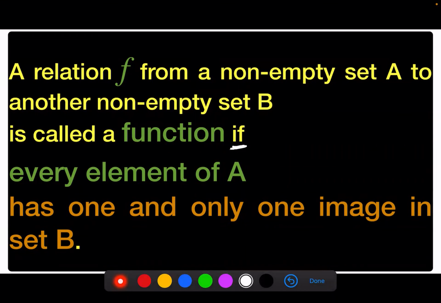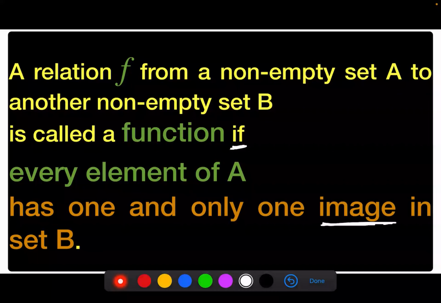Now, ये image means what? Image is like you're just making a connection. Okay, so you're associating an element in A to an element in B. But remember, when I gave examples of relation, वो जो chai biscuit वाला ही example ले लो.